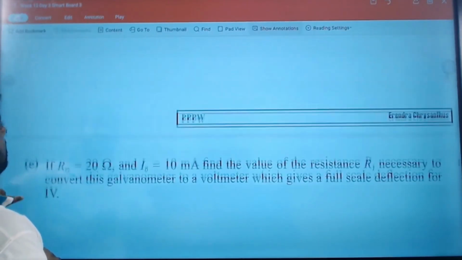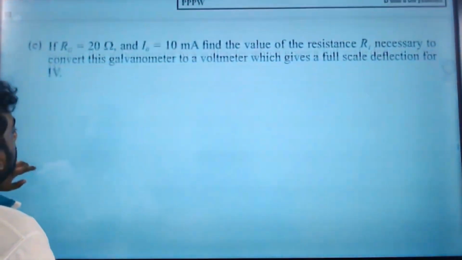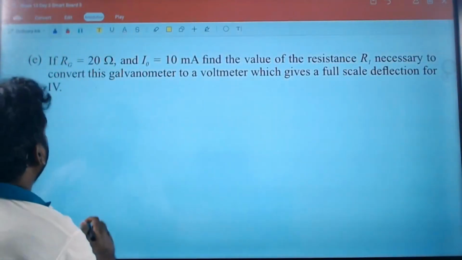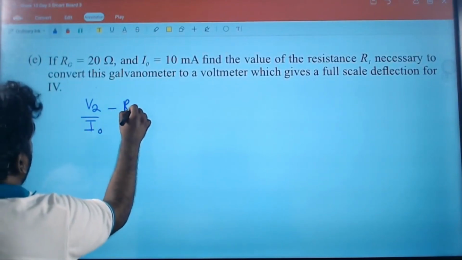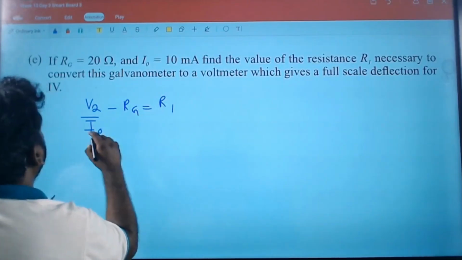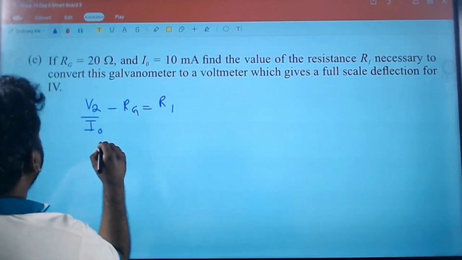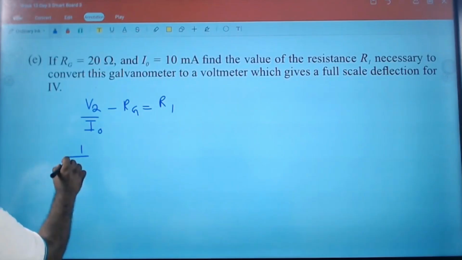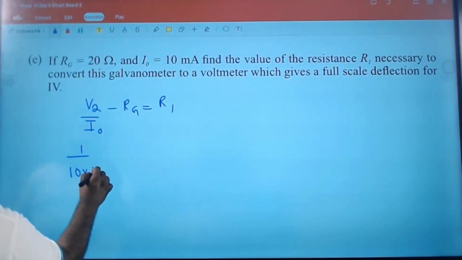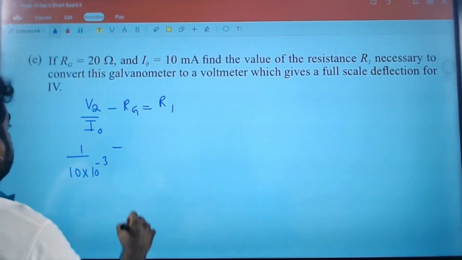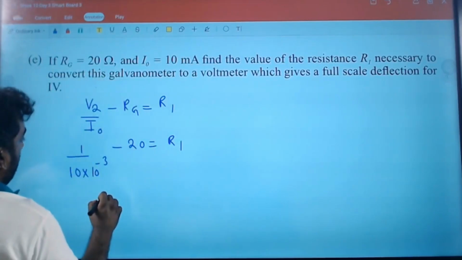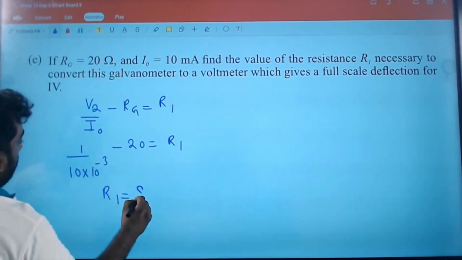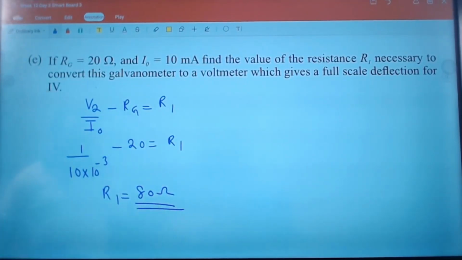Looking at this equation, V2 over I0 minus Rg is R1. The voltage required is 1 volt, the full scale deflection current is 10 milliamperes, and the galvanometer resistance is 20 ohm. R1 is 100 minus 20, 80 ohm.